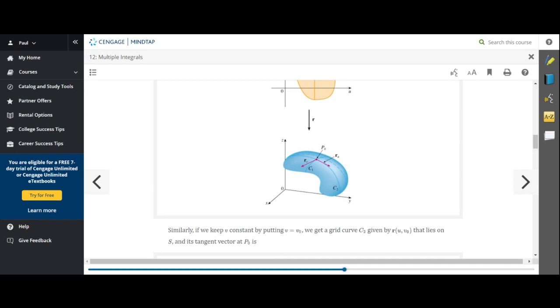Those tangent vectors are tangent to the space curves, because if you have a vector function of two variables and you hold one of them constant, you get a space curve. That's what you see in Figure 1: two space curves, C1 and C2, along that surface, and the tangent vectors at the point P sub 0.